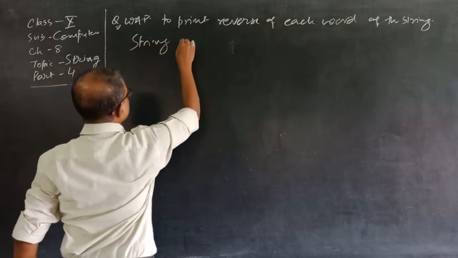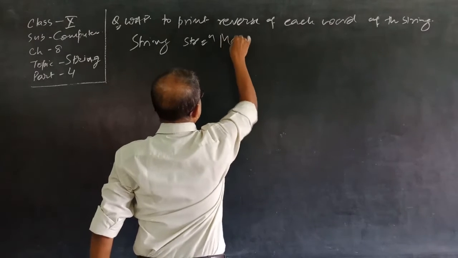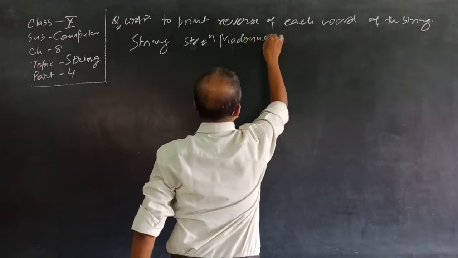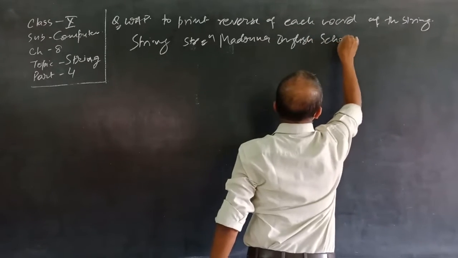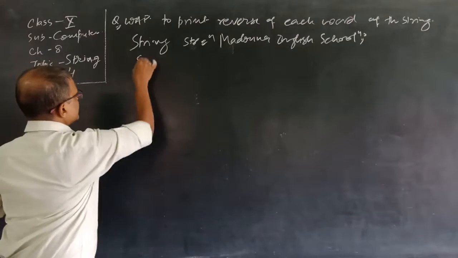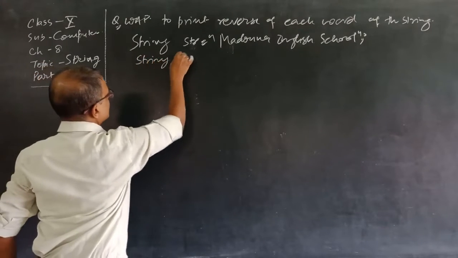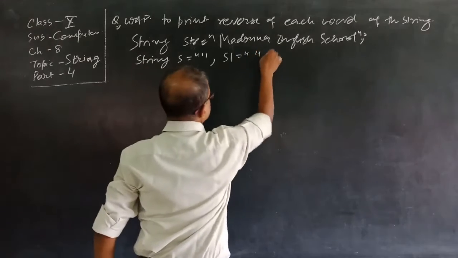Let us see here. First of all, declare a string str equal to "Madonna English School". Declare strings S and S1, to split the words in S and to get the reverse in S1.